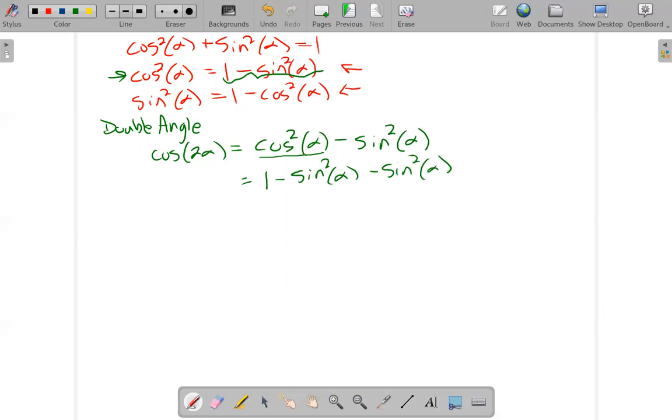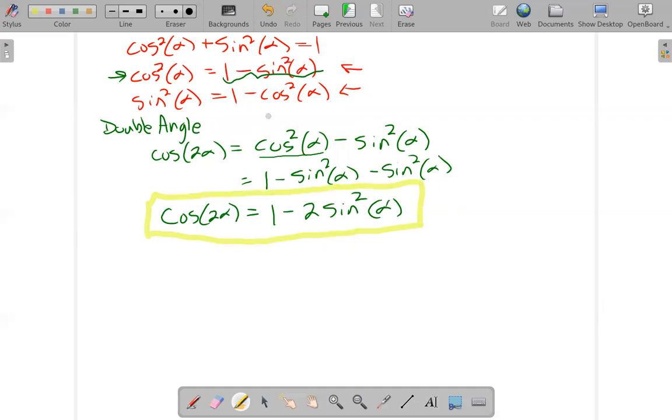So I have 2 minus sine squareds here. So 1 minus 2 sine squareds of alpha. And it turns out this is an important version of the cosine double angle. So I'm going to highlight that. This is very, very important.